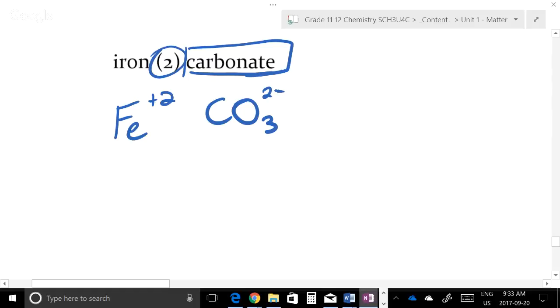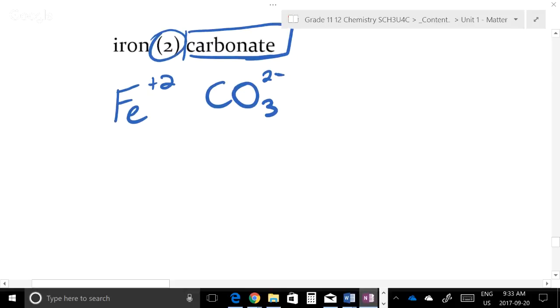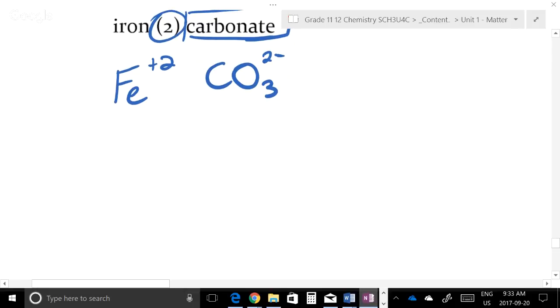Okay. Very good. So I don't have any questions about how we did that. Iron 2 tells us which one it is, and carbonate is CO3 2-. Now, how do these come together? Iron has a charge of 2, carbonate has a charge of 2. Yeah, it's like they're made for each other.